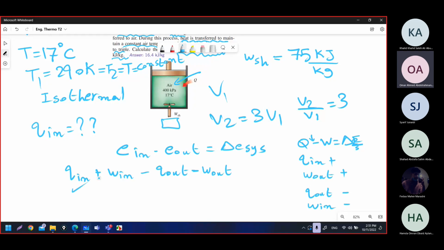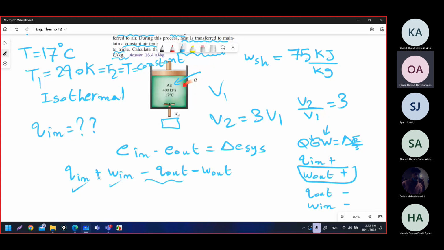Wn is negative, I will add it here, and there is a negative in the equation, so it will give me positive Wn. Then minus Q out, it is minus, so I will put it like it is, minus in E out. And for work out, it is positive, and there is a minus in the equation, so it will be negative here.